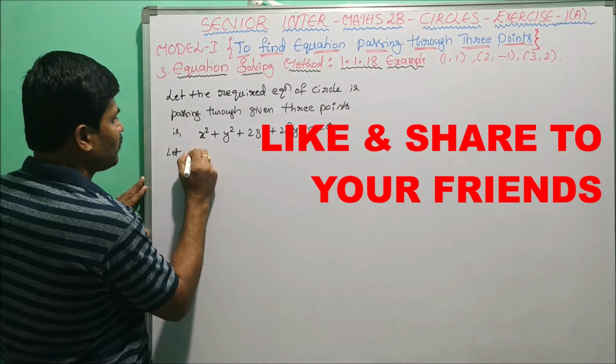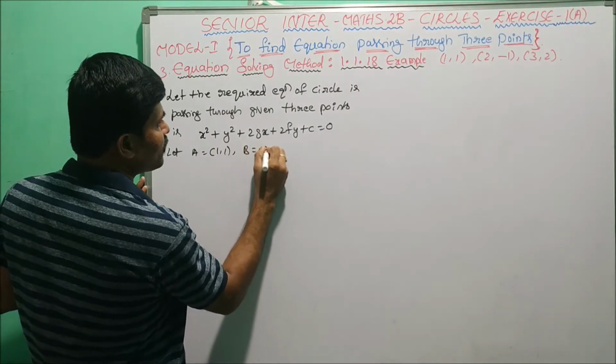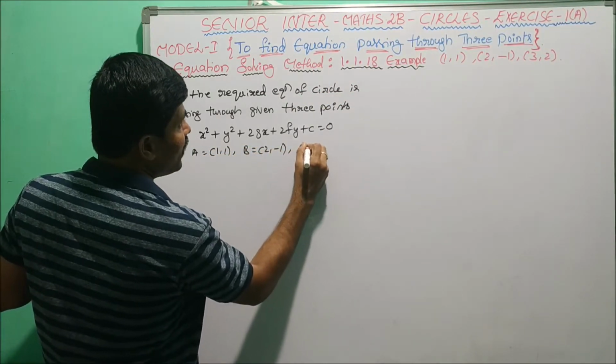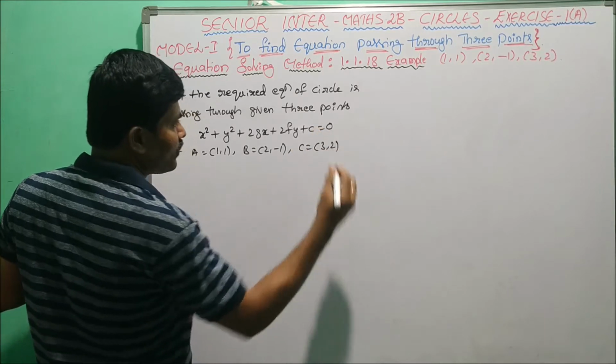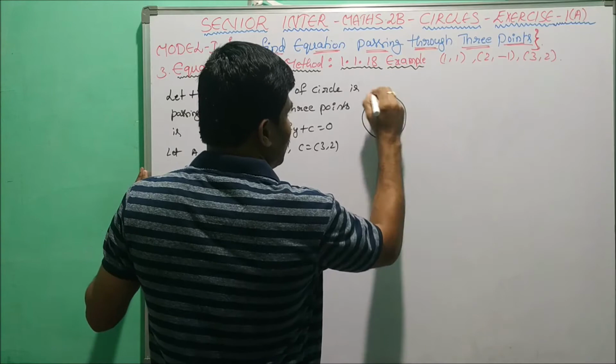Let the points be A equals (1, 1), B equals (2, -1) and C equals (3, 2). Here we take one circle.